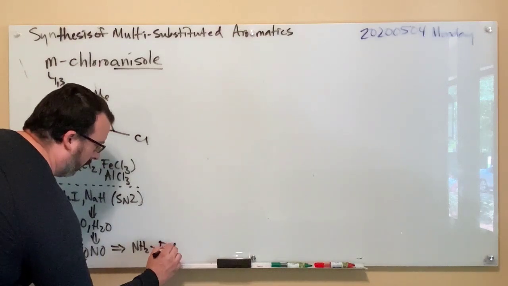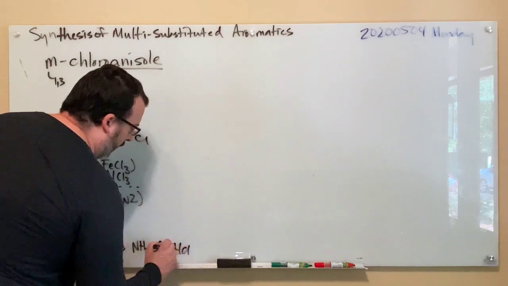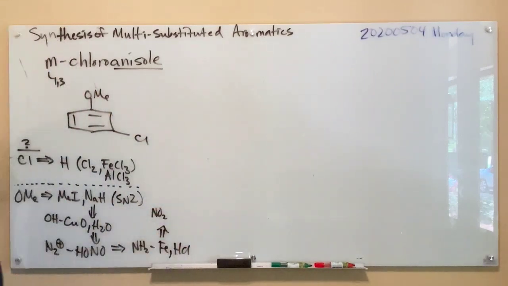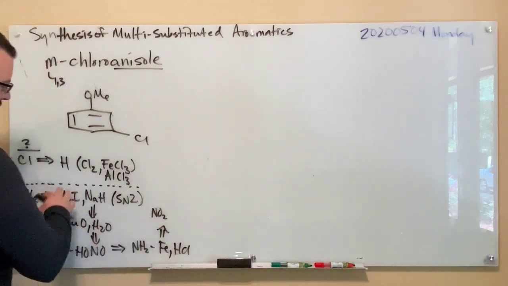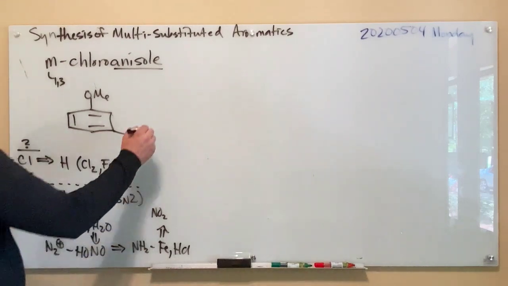So iron metal, HCl, and then the amino itself is coming from the nitro. And so we know how to do nitration. So when we look at this, basically, this is sort of like the path backwards.